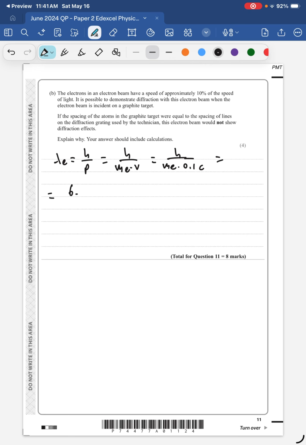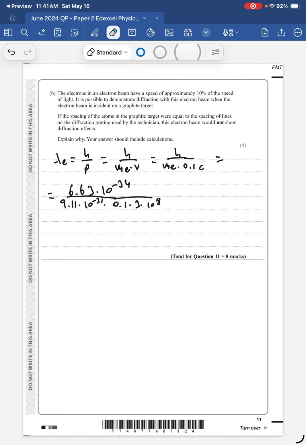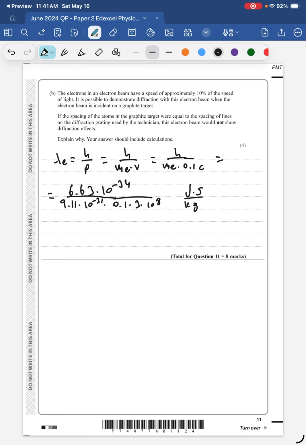If we plug in numbers, we find 6.63 times 10 to the negative 34 over 9.11 times 10 to the negative 31 times 0.1 times 3 times 10 to the 8. And I forgot to include the units: joules times seconds for h, kilograms for the electron mass, and meters per second for the speed of light.